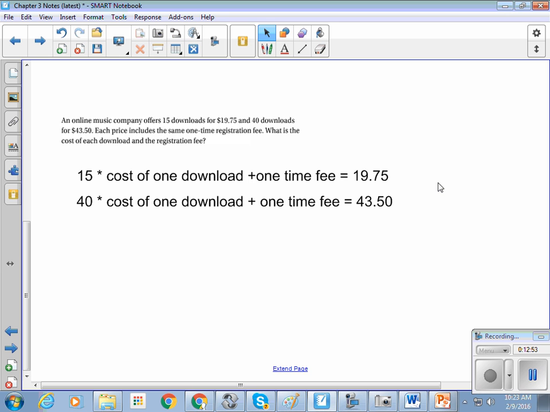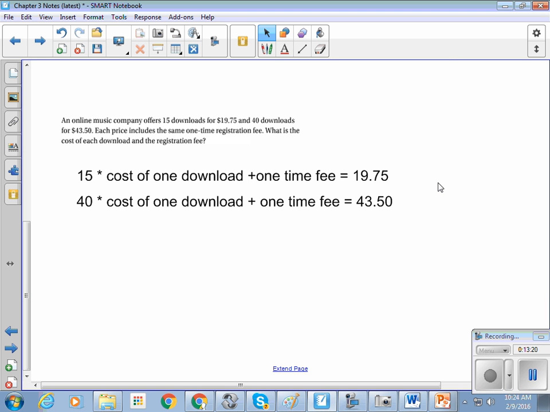The first equation is going to be 15 downloads, so 15 times the cost of one download, plus the one-time fee, and that's going to equal $19.75. Then we have the second scenario where we have 40 downloads times the cost of one download plus a one-time fee, and that's going to equal $43.50.